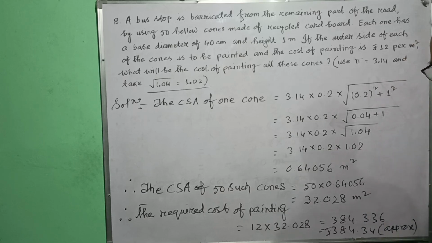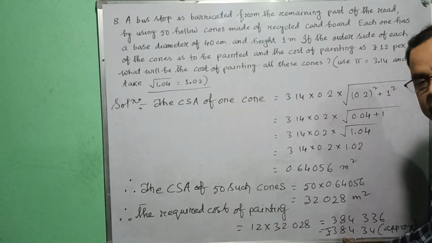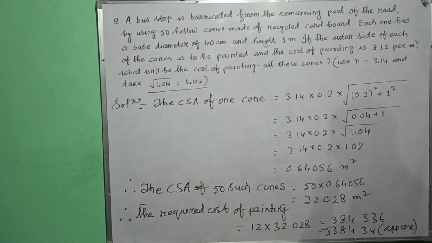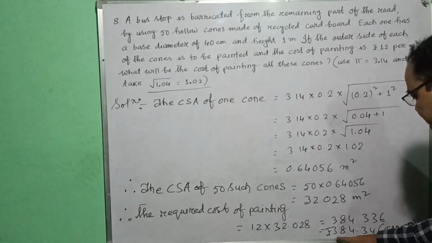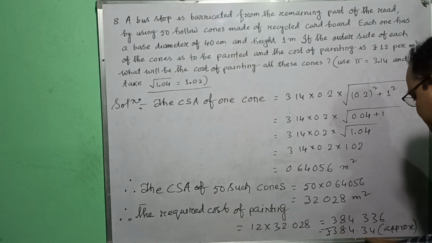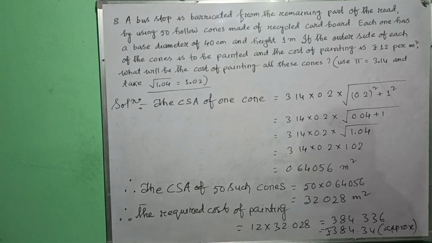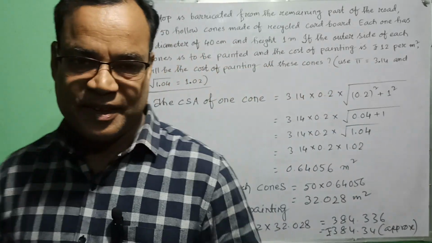So this is the answer, and we find the cost of painting 50 such cones is rupees 384.34 approximately. Now we'll start the next exercise.